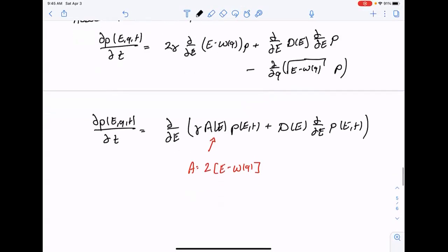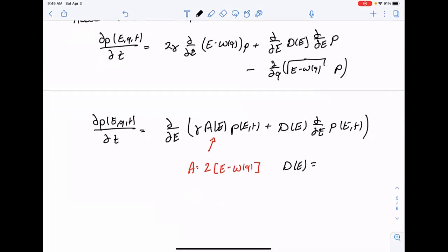And now it must be that D of E, that diffusion coefficient, again, has to balance out the distribution, has to be tuned such that the fluctuation dissipation relationship holds and ensures that a Boltzmann distribution is the steady state of the system.